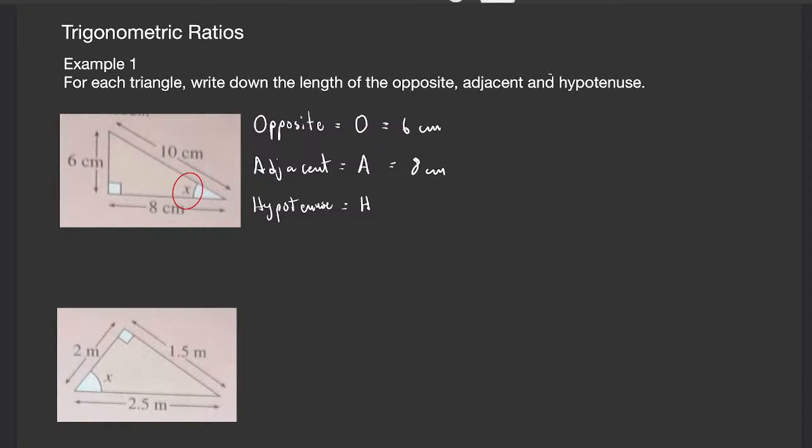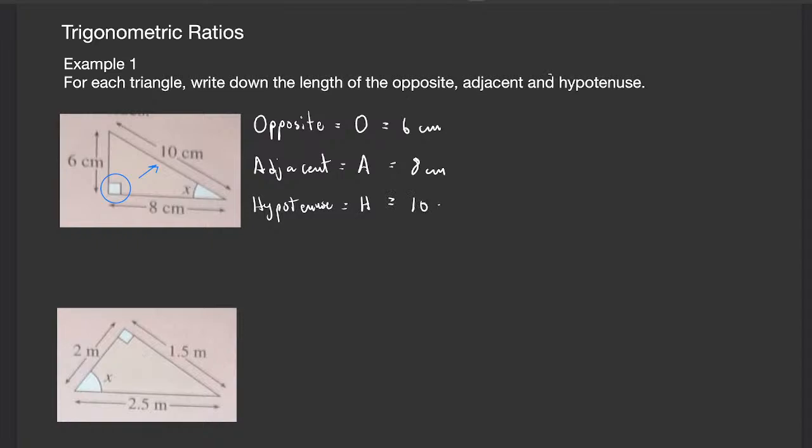Now, when we're speaking about the hypotenuse, we have to take with respect to our 90-degree angle, which is our right angle, and the side that is opposite the 90-degree angle is our hypotenuse. And in this example here, we can see that that side is our 10 cm side.